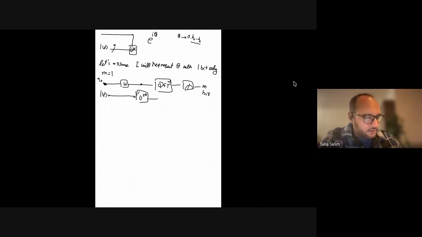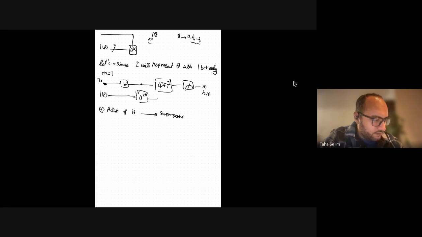So if I do the action on the qubit, the Hadamard gate will create superposition, as we have seen before, and then U to the power 2^0. This will act on the second qubit and be controlled by the first qubit, which is the 0 qubit, and then I get something like this.